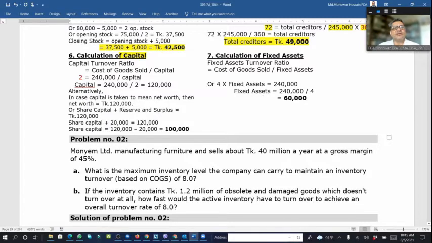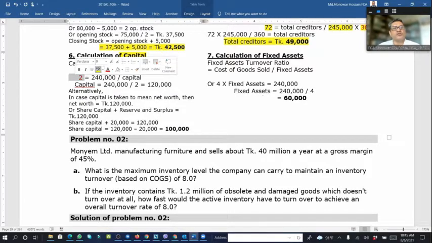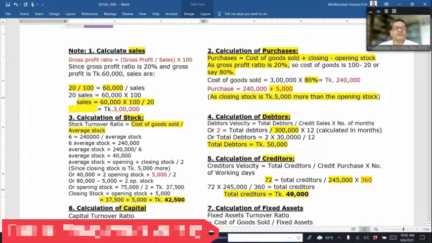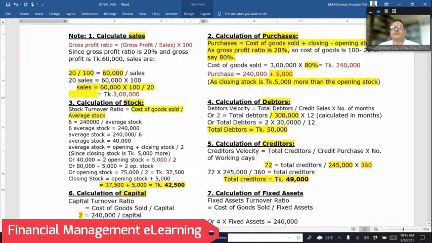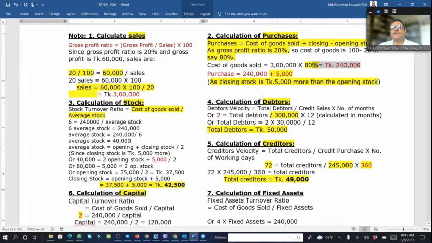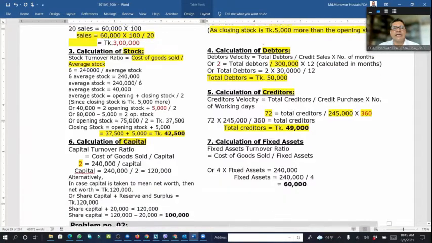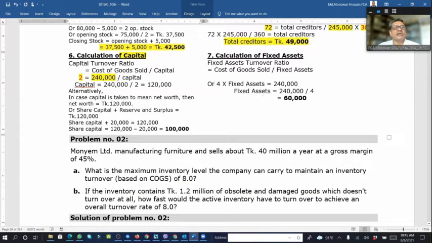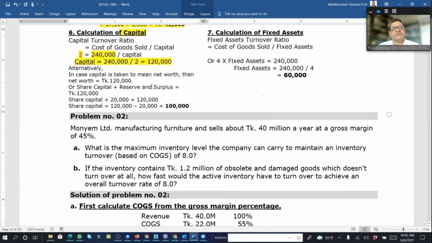So the capital turnover ratio mentioned in the question is 2, and if we place it here, equals cost of goods sold, which we calculated here, cost of goods sold 2,40,000. That cost of goods sold 2,40,000 divided by capital, and then we can find out the capital, 1,20,000.